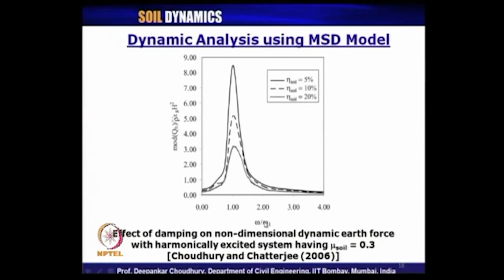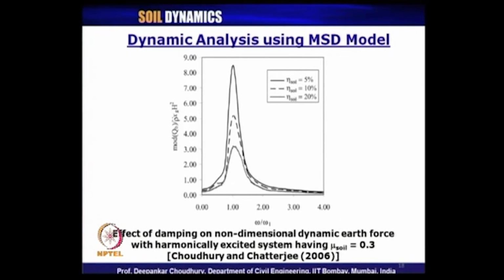Different frequency ratio; in this case, which frequency ratio have we considered? This omega is obviously the exciting frequency or applied frequency, and you can always consider different excitations. Omega 1 is the natural frequency of the soil wall system.